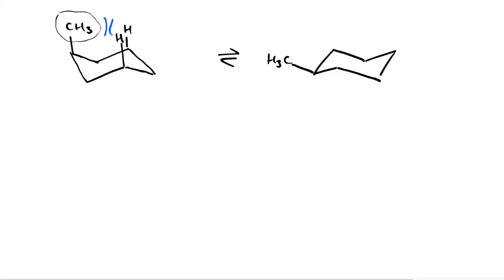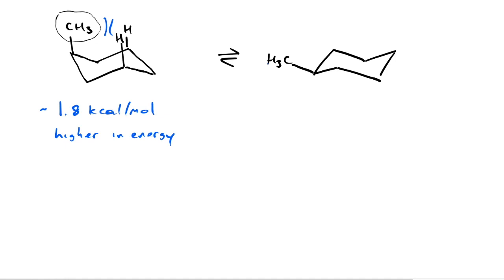And it turns out that this conformation right here, where the methyl group is in the axial position, is about, put a little tilde there, about 1.8 kcals per mole higher in energy than the molecule in which the methyl group is in an equatorial position.